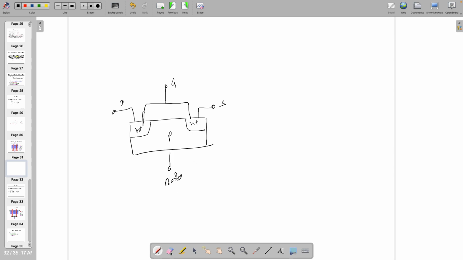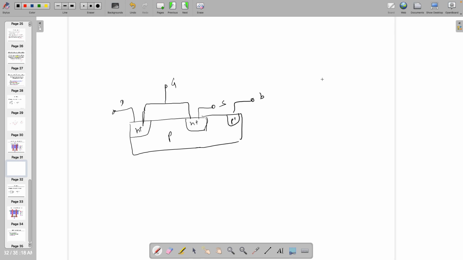So if you want to tap out the body also, then it has to be from here, not from here, right? So you need this contact with the highly doped region, N plus or P plus. That is what is required.